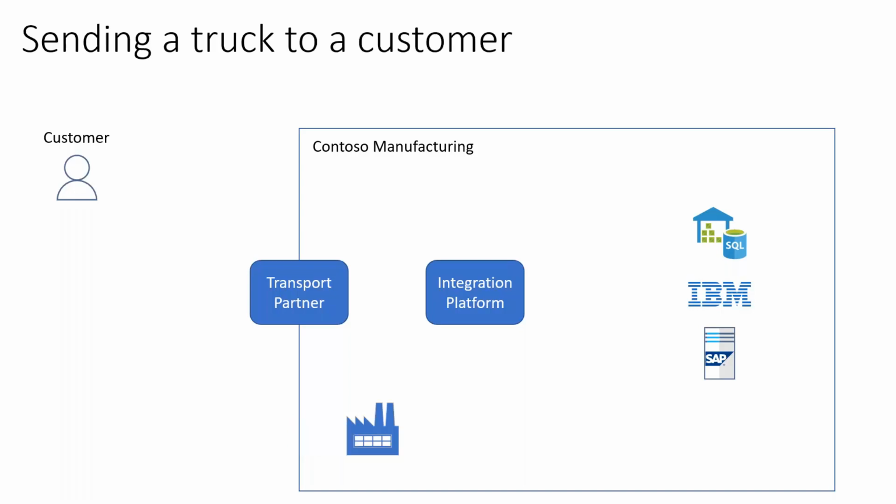The next thing that happens is when we send a truck to the customer, the truck leaves the factory, so we get another notification. It goes to all of our systems. Then as the truck's en route, we might get various updates about how it's progressing, if it stops, it starts, it does various things. So we get all these notifications as it gets loaded, sent out, and as it travels to a customer.